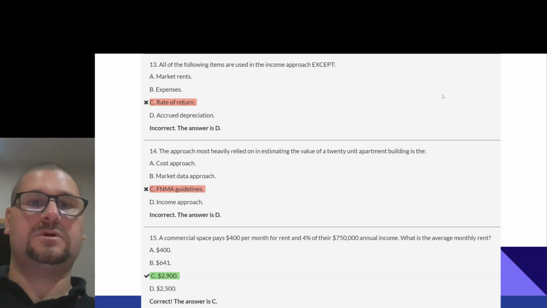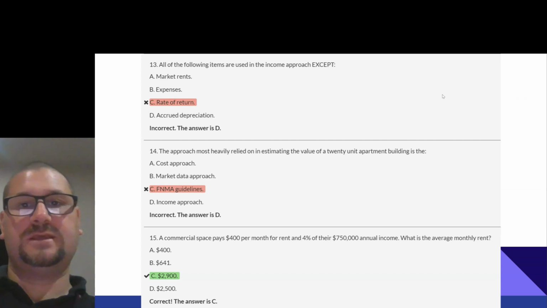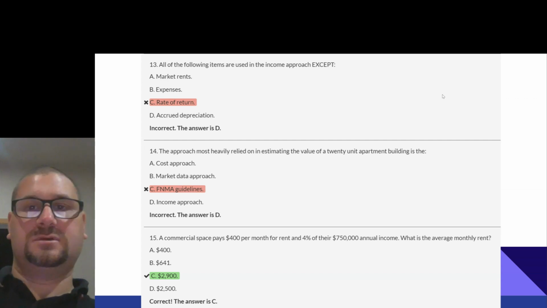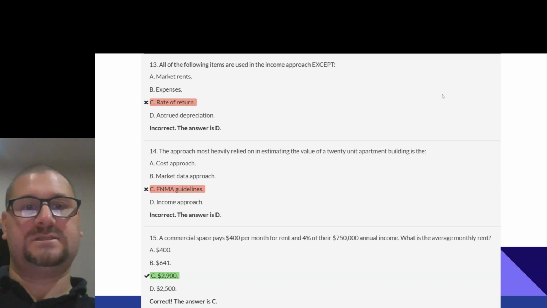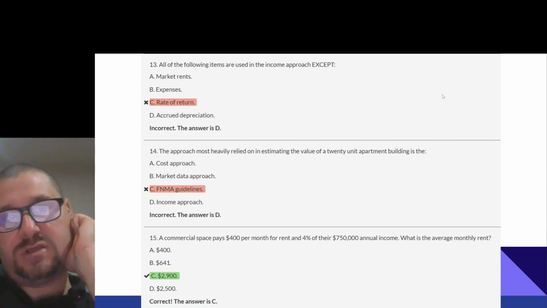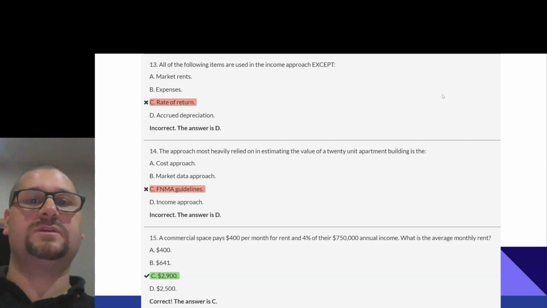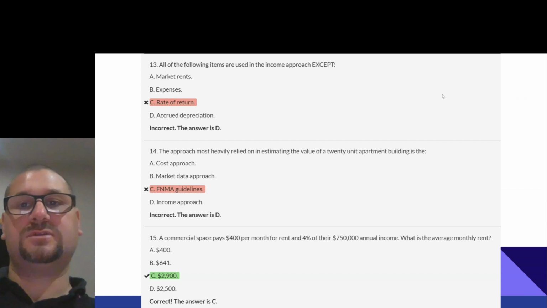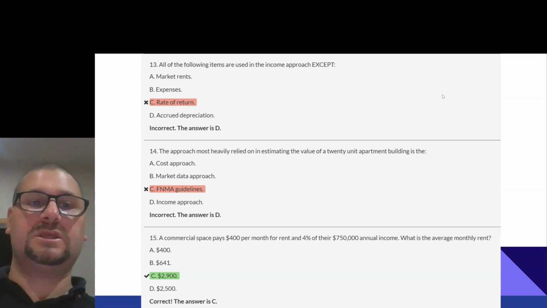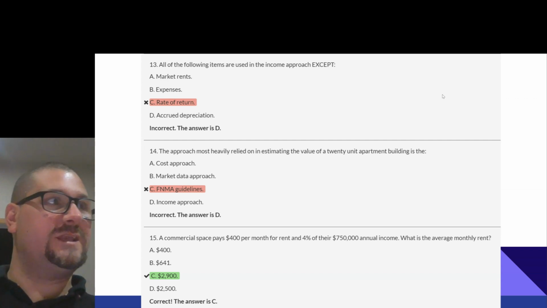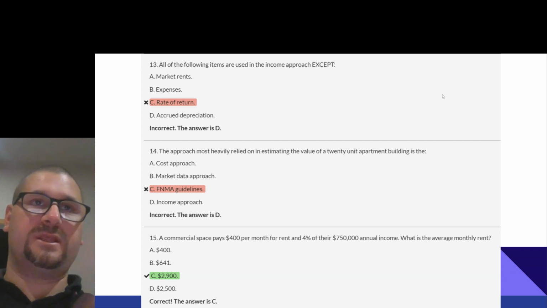The approach most heavily relied on in estimating the value of a 20-unit apartment building is the what? It's the delta, income approach. So like an office building, apartment building, what do they use? They use the income approach because they're generating income.